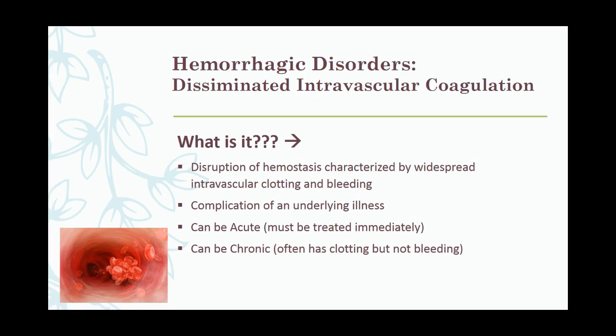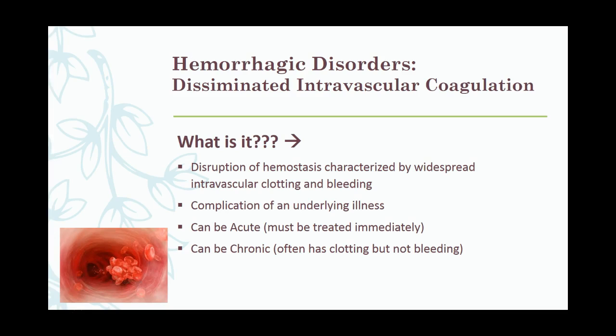Well, this is a disruption of hemostasis, and it's characterized by widespread intravascular clotting and bleeding. So I know that that is contradictory, but let's just keep pressing forward, okay? It's a complication of an underlying illness. So this does not just happen on its own.